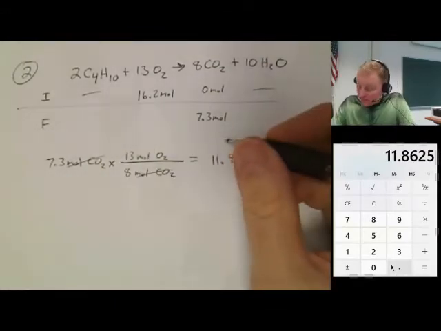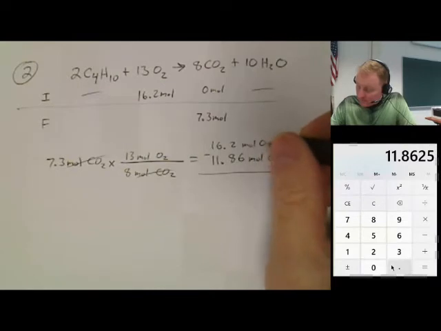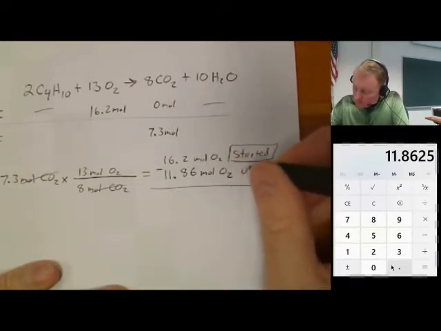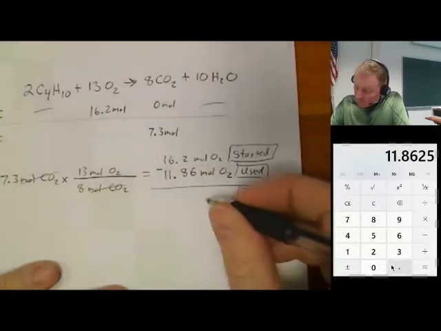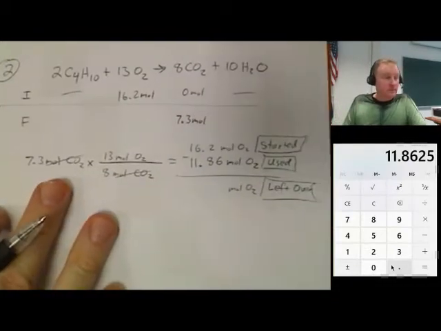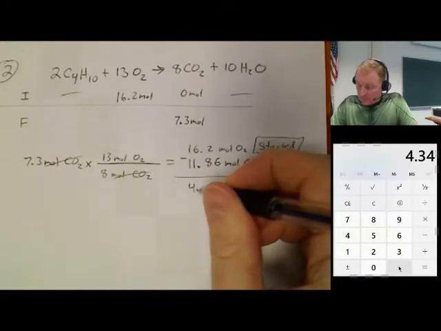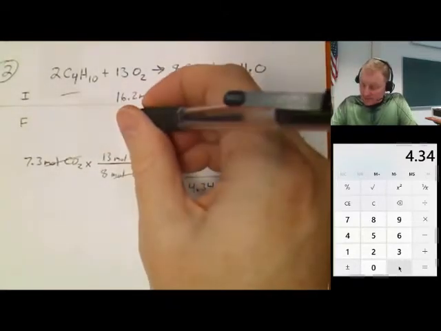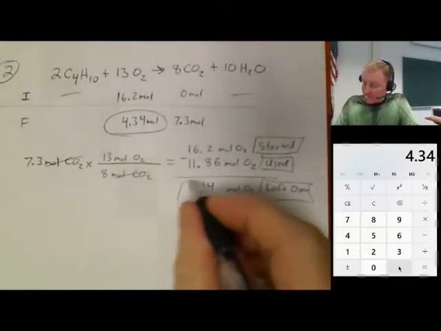So that is just simply, if we started with 16.2, we're going to take 16.2 and subtract what we used in the reaction, and this is what's going to be left over, which would be 16.2 minus 11.86, 4.34 moles of oxygen is going to be left over, and with 3 significant figures, we're actually there, so it's 4.34 moles of O2 will be left over. That would be our answer right there. That's all.